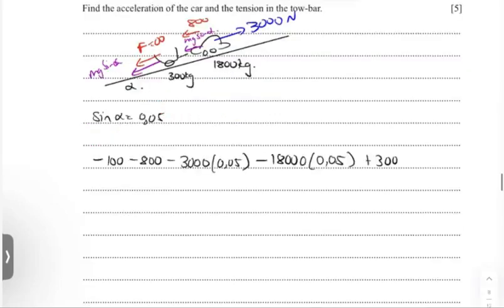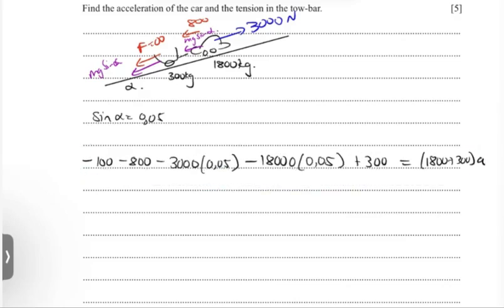That is all equal to a mass of 1800 plus 300 times acceleration. So I can work out acceleration directly if I look at the system of the two connected particles.